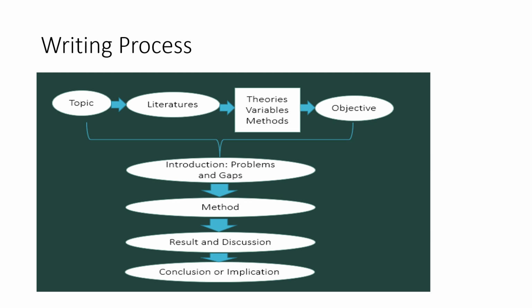The gaps are those variables or explanations that were not discussed or explained by the previous studies. Then you will discuss the method, gather data, then analyze the data, and with that analysis you can have your results. You can now discuss the results, conclude, or write the implication of your study.